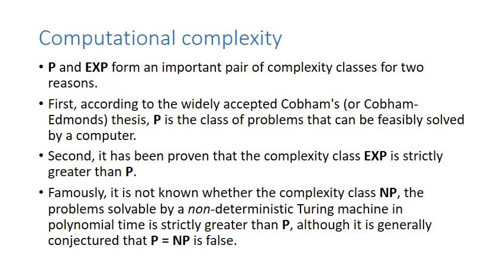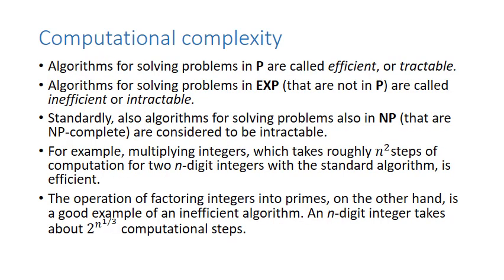There's the famous case of NP, of course, and it is not known whether the class of problems solvable by a non-deterministic Turing machine in polynomial time is strictly greater than P, although we do generally conjecture that P does not equal NP. Now, algorithms for solving problems in P are called efficient or tractable.